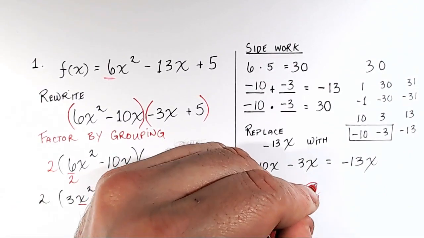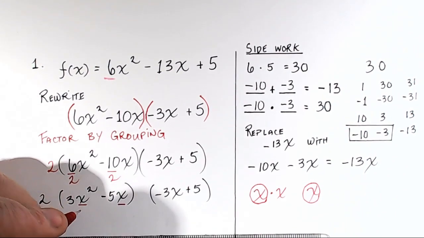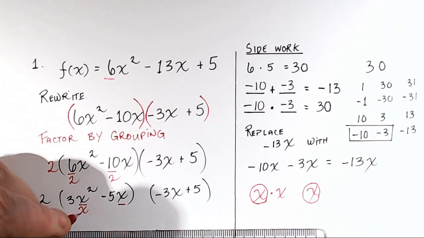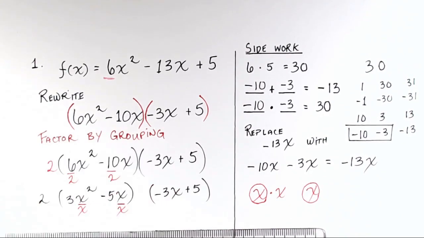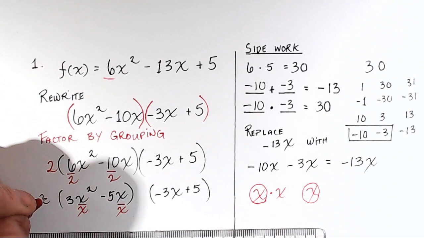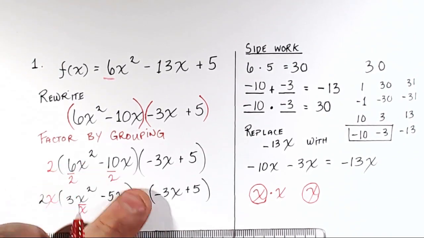I can take one x from each. Now remember, let's do that and then I'll show you what's going to happen. I'm going to divide x squared by x and x by x, and then put an x out here. This keeps it all in balance.